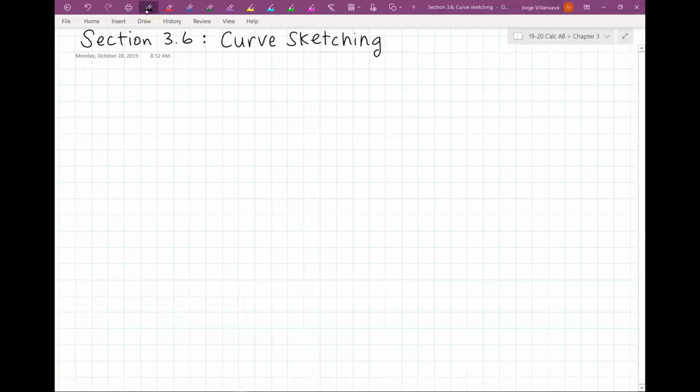All right, so section 3.6, curve sketching. I'll give you a couple of guidelines, helpful tips, for things that you need to find when you're doing this stuff.